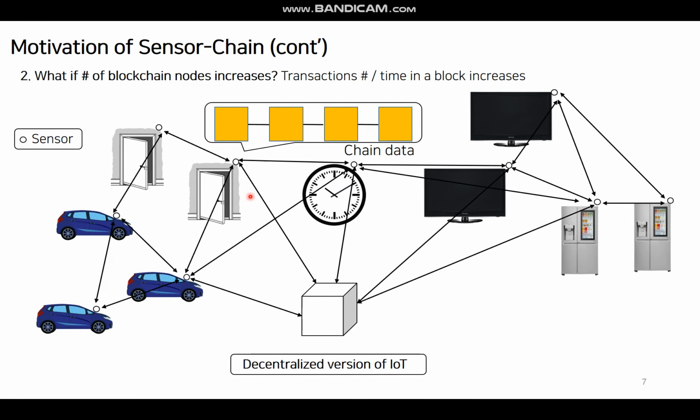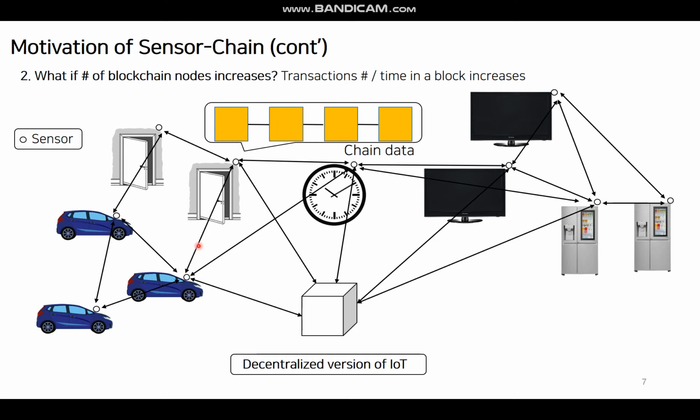And the next one is, what if the number of blockchain nodes increases? This is also a problem because the block size would be really big, because there would be many transactions among all of the blockchain nodes.